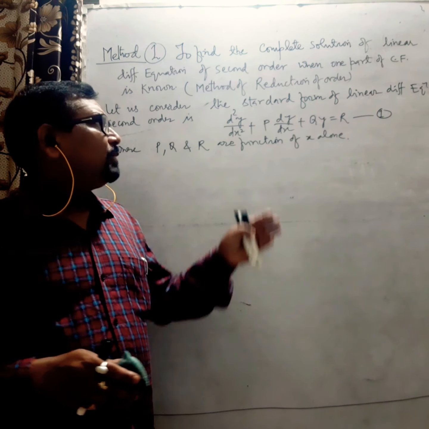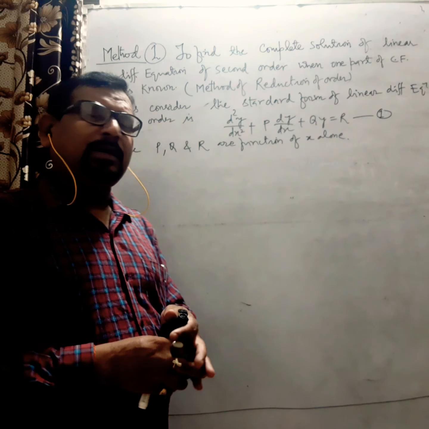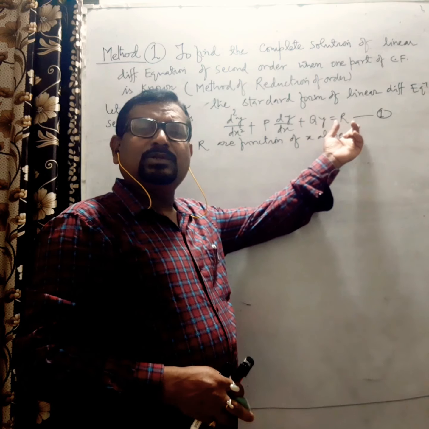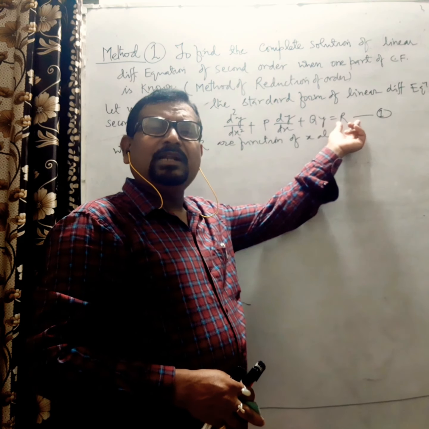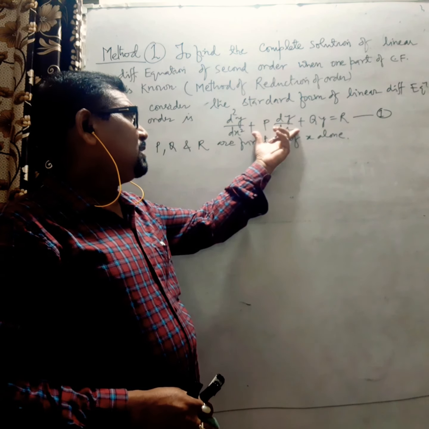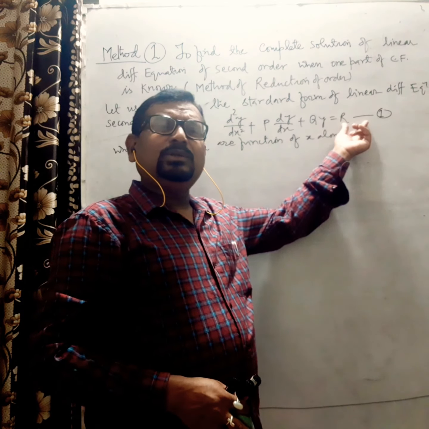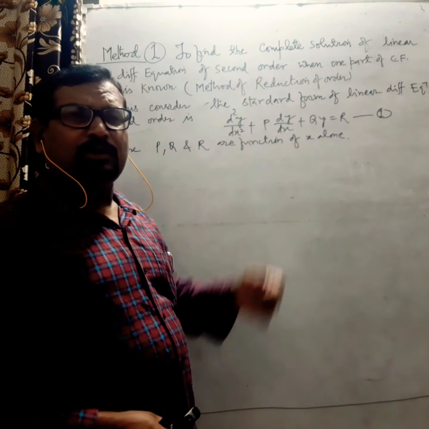The complementary function is obtained by making the right hand side r equal to 0, and this part gives the complementary function.